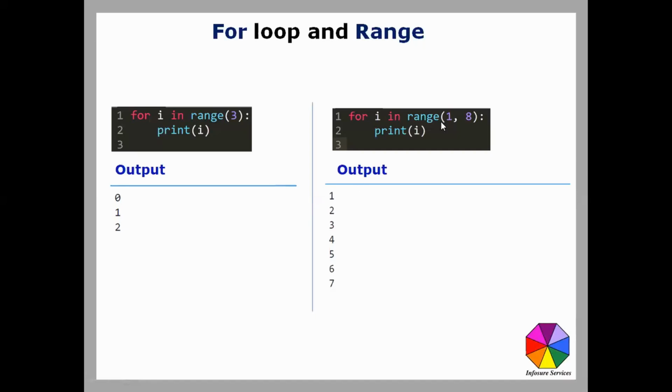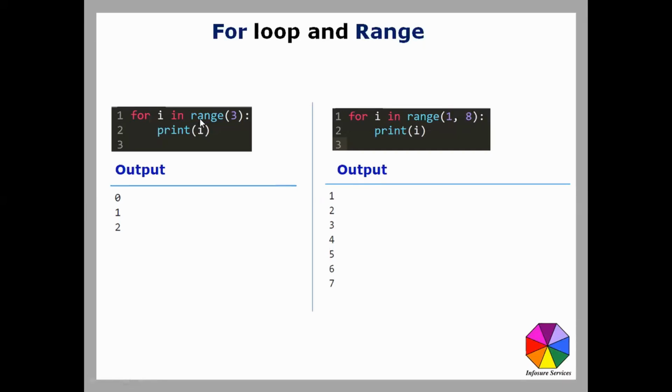Now range can have a start and an end. For i in range of 1, 8 will generate from the start value 1 and go till 7. Sorry, it skips the last value.